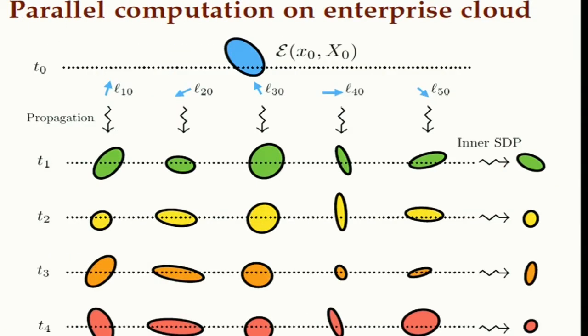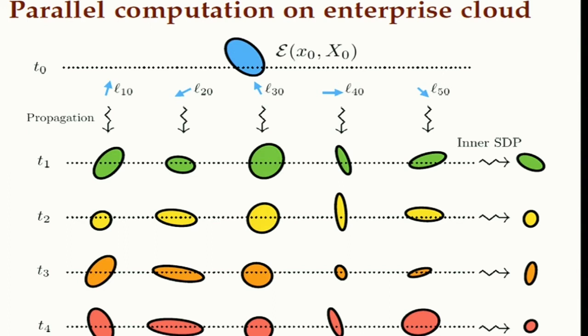The way we implement this computation is that we take some initial ellipsoid and choose some random unit vectors at time 0, let's say L10, L20, and so forth. I am using this broken-type arrow to show parallelization in computation. So the propagation is parallel in time over this high-dimensional space.